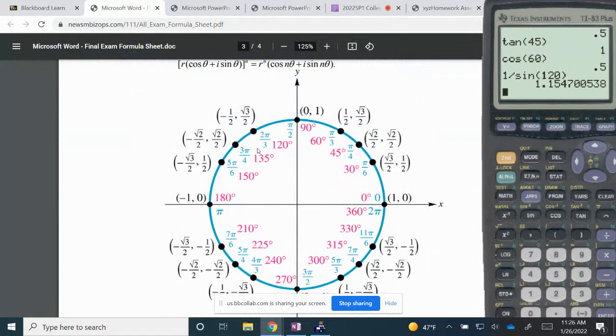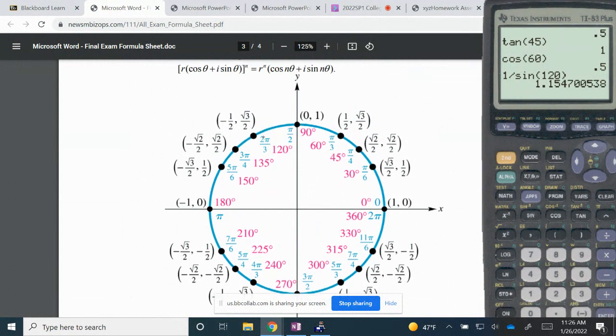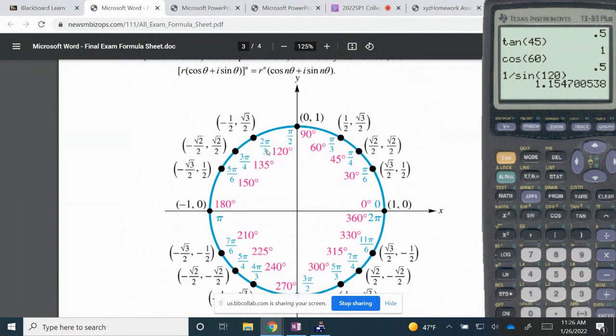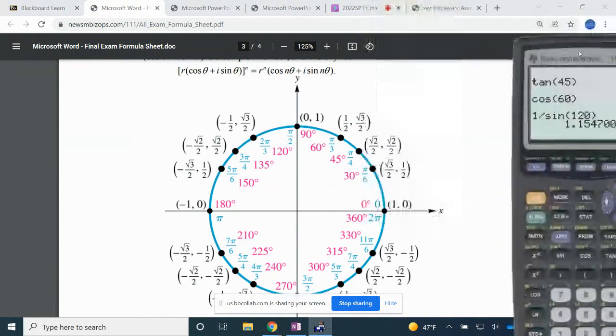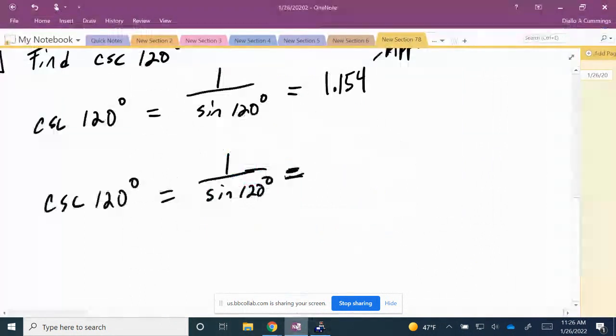And if I find 120 degrees, which is 2 pi over 3, notice that at 120 degrees, we have the coordinates negative 1/2, comma, square root of 3 over 2. So remember that the sine is our y-coordinate. So the sine of 120 degrees is square root of 3 over 2. So that's 1 divided by the square root of 3 over 2.